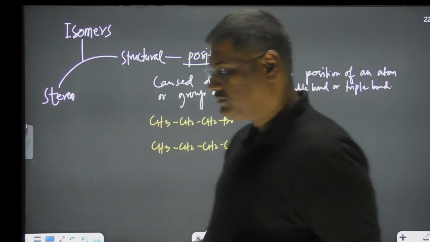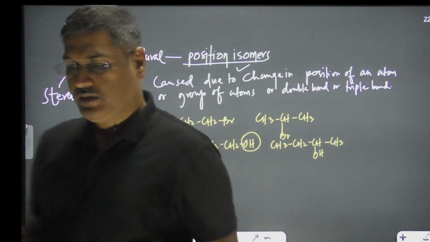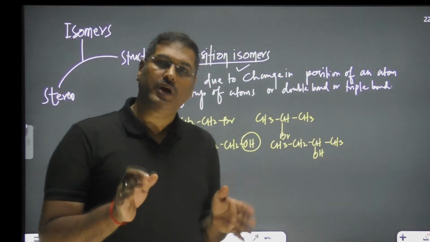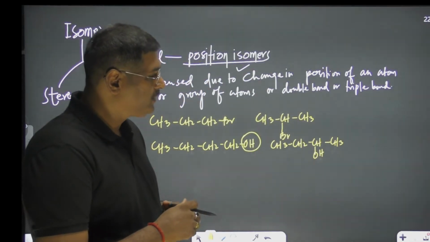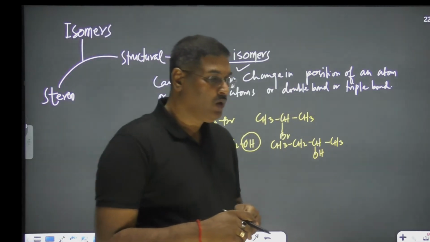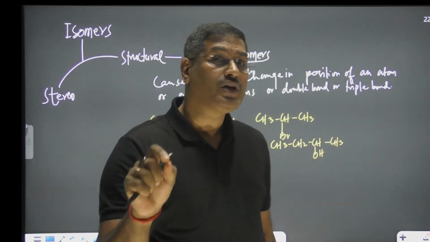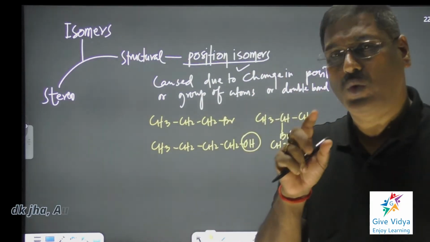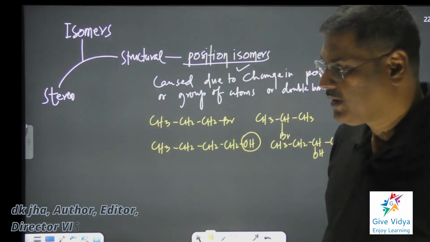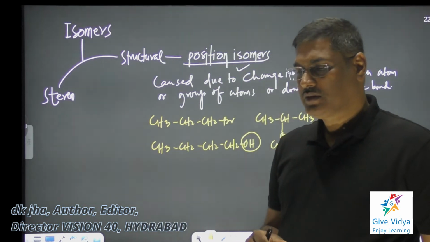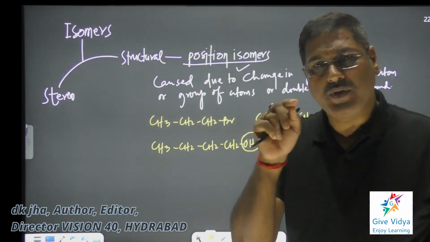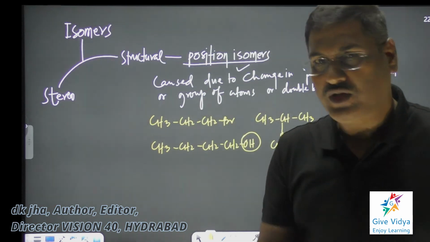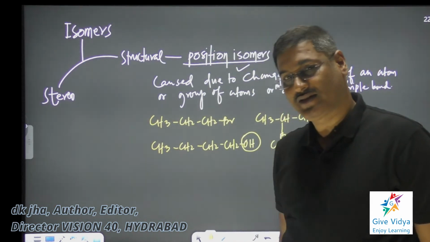Here, what we need to take care of is that when this kind of change in position of an atom or group of atoms is affecting the parent chain, then they are no more position isomers.